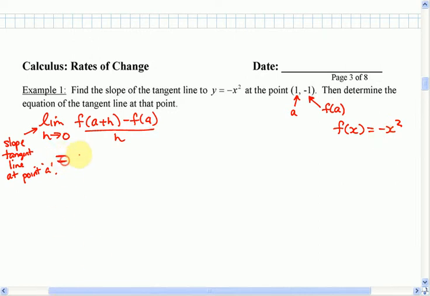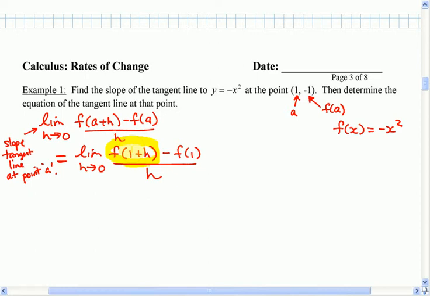Well, what is a again? You told me a was the number 1. So I'm going to ask you to replace a with 1. So f of 1 plus h minus f of 1 all over h. Now here's where it gets confusing, so listen up for those of you who are doing calculus for sure. What is this f of 1 plus h equal to?